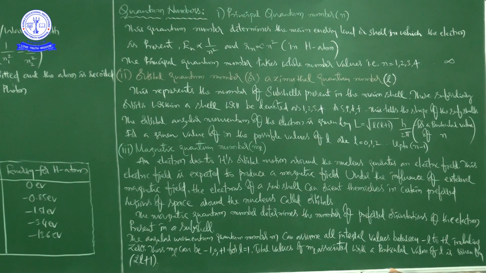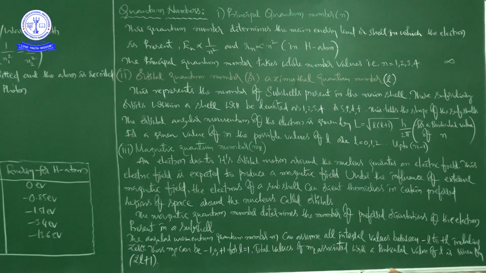So once you go back to the orbital quantum number and azimuthal quantum number, there are two different names. It is called azimuthal quantum number, and the same thing can also be called orbital quantum number because it is talking about the orbital angular momentum of the electron. This quantum number represents the number of subshells present in the main shell.